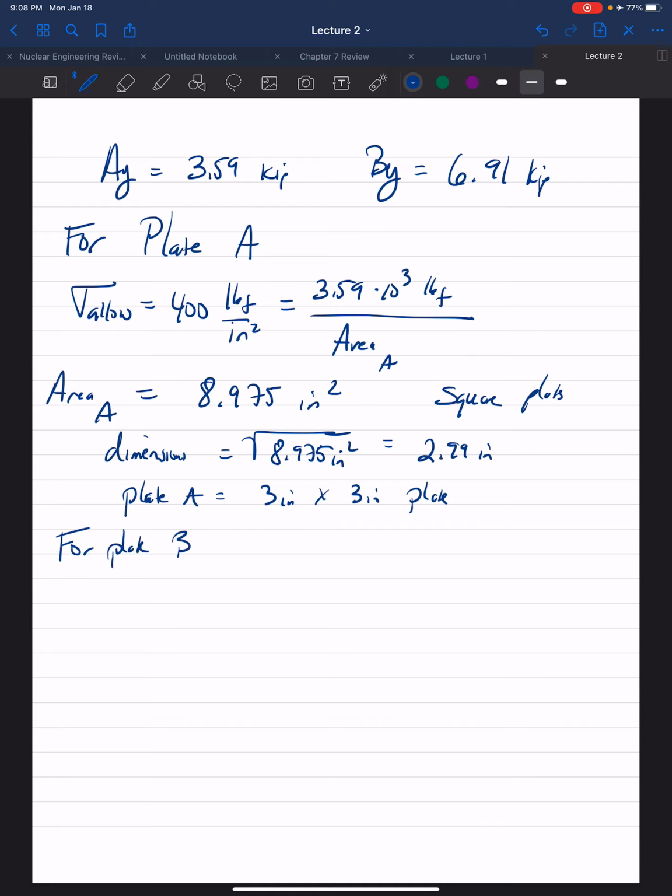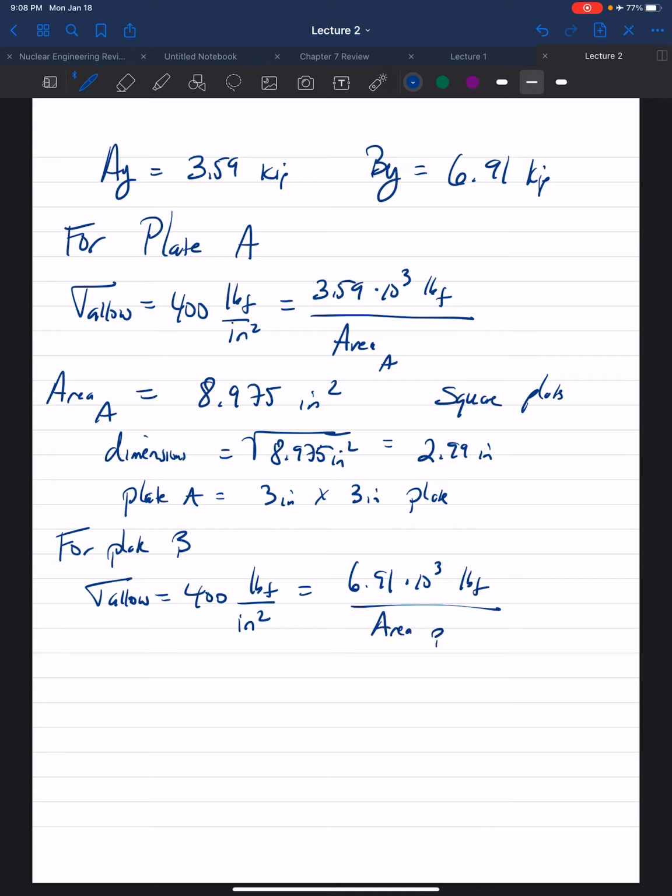For plate B, once again, the allowable is 400 psi, pound force per inch squared. Our BY was 6.91 kip, which is 10 to the 3 pound force. Allowable stress is force over area.